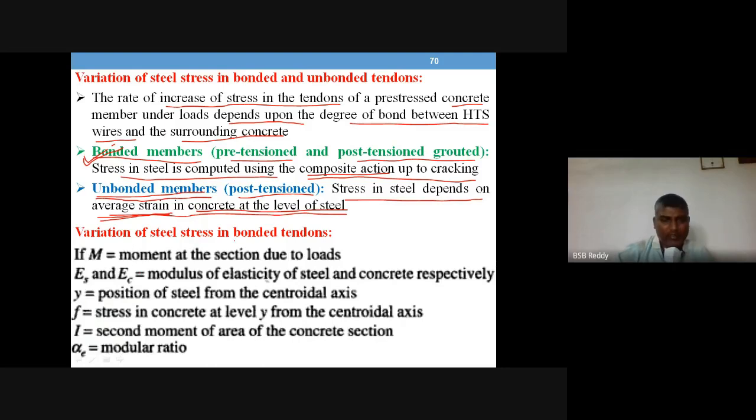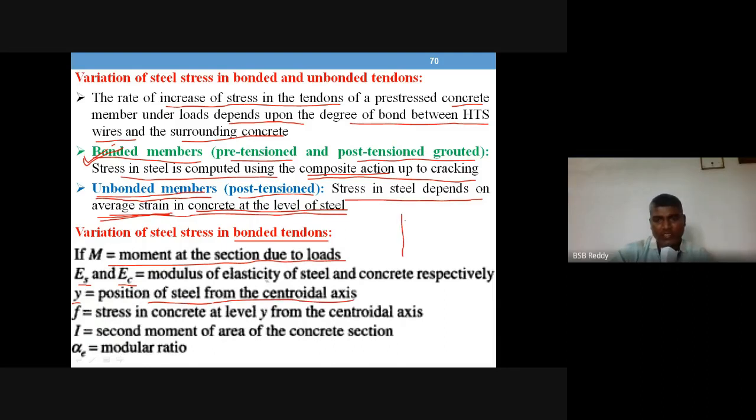Right. Let us first start with bonded tendons. How do we calculate this stress in steel for a bonded tendon? Capital M is the moment at the section due to the loads. Then Young's modulus of steel and Young's modulus of concrete. Y means the position of steel from the centroidal axis.